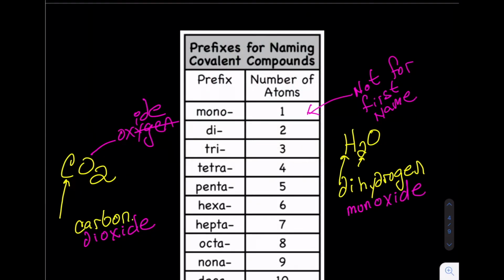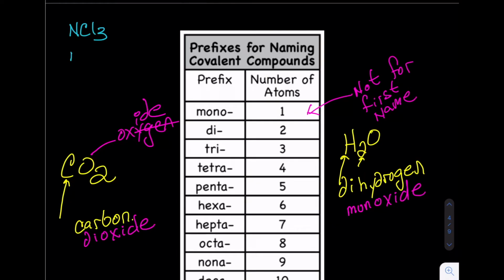So let's say, what could we use? Let's use NCl3. And we'll practice both now. So N is nitrogen. It's the first name, so we don't drop the ending. So it's going to stay nitrogen. There's only one of them, but it's the first name, so we don't use mono.